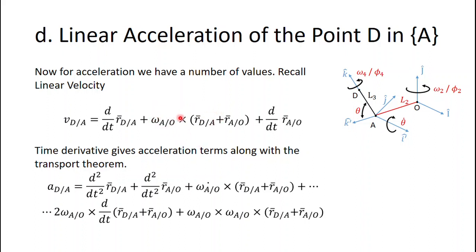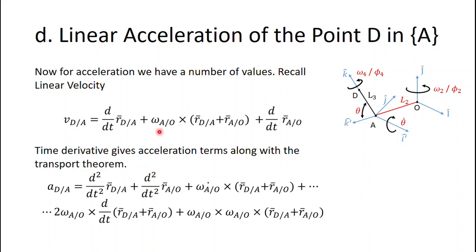Now, the derivative of this multiplied by this term, and then we should get plus this term multiplied by the derivative of this term, which is exactly omega AO cross d by dt of R d in A plus R A in O. But we get this 2 times because when we take the transport theorem, this entire thing, this V d in A, is multiplied by omega AO. So this angular velocity about J takes a cross product with this velocity.